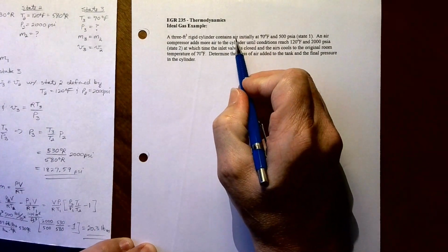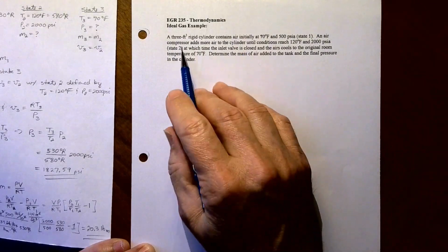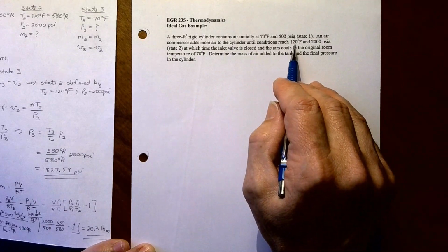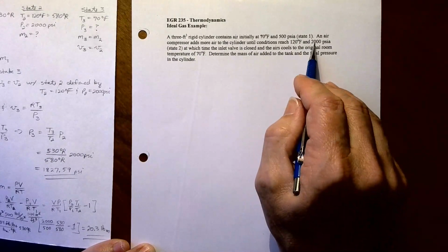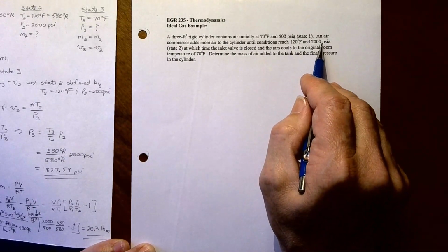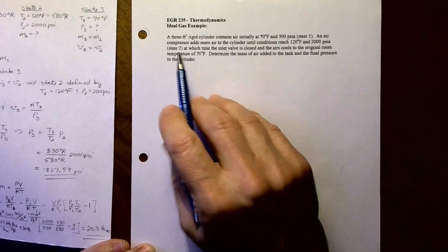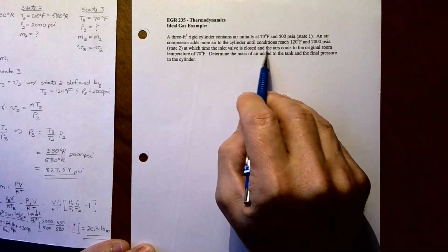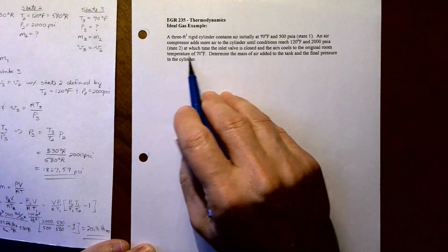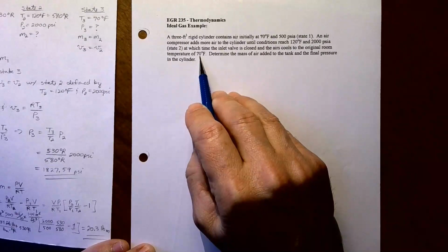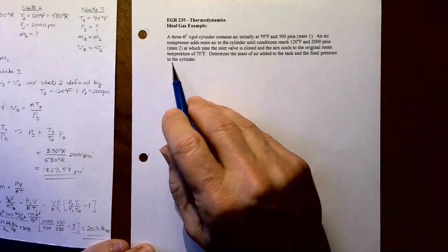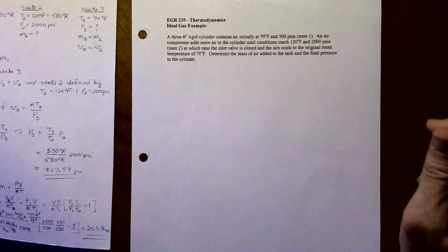It's air, so we can already make note that this is going to be an ideal gas. An air compressor adds more air to the cylinder until its conditions reach 120 degrees Fahrenheit, 2000 psi. So we're going to put a lot of air into this cylinder at state 2, at which time the inlet valve is closed and the air cools to its original temperature of 70 degrees Fahrenheit. Determine the mass of air added to the tank and the final pressure in the cylinder.